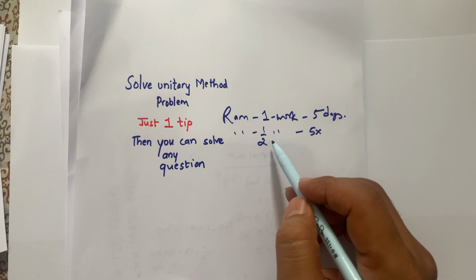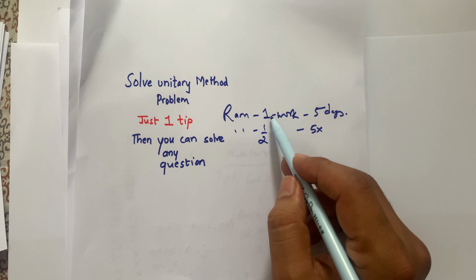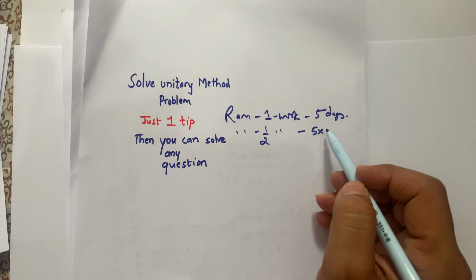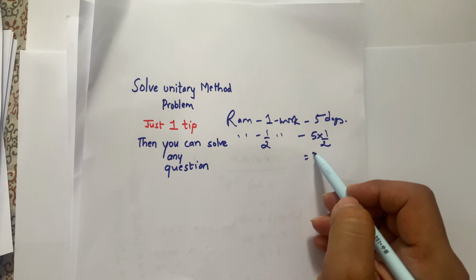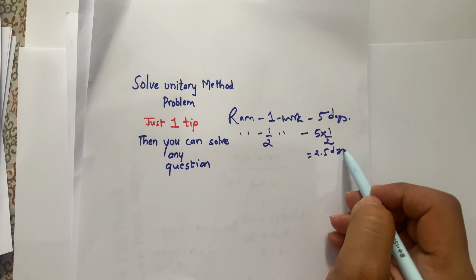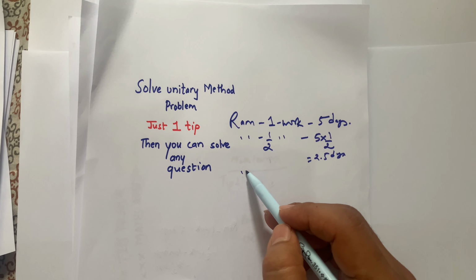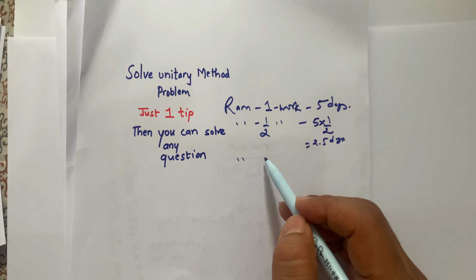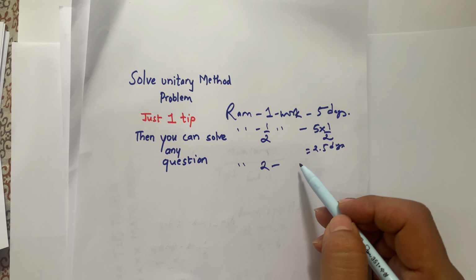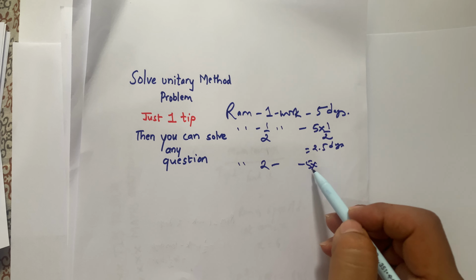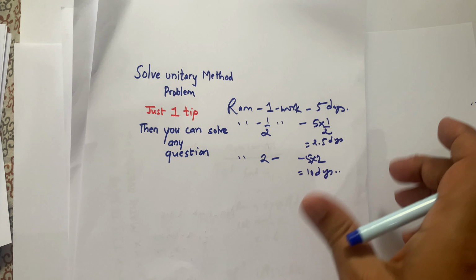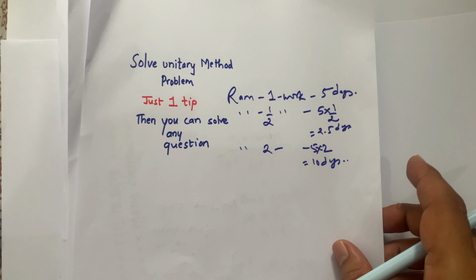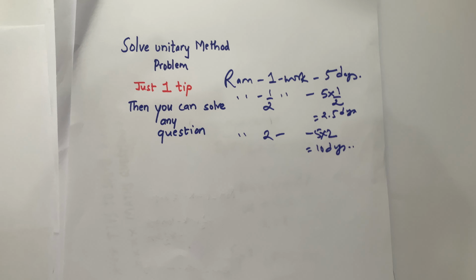If this is more, then divide; if this is less, then multiply. So it will be less, 2.5 days. We have to check: yes, if Ram needs to do 2 works, then he takes 5 into 2 days, it will be 10 days. Common sense. Yes, just one tip. This will solve many questions for you.